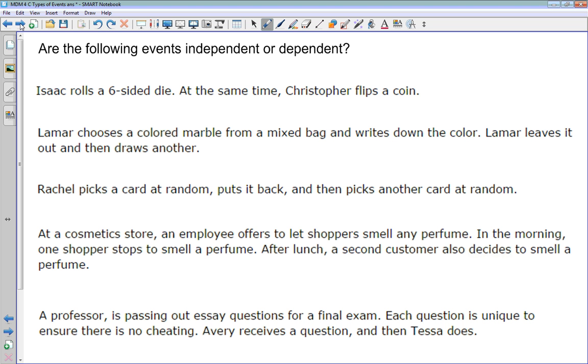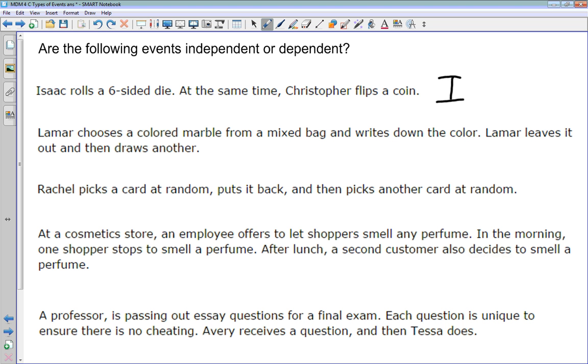So our first situation here, Isaac rolls a six-sided die. At the same time, Christopher flips a coin. Are these two events, flipping the coin, rolling the die, independent or dependent? Well, in this case, they are going to be independent. The outcome of the coin flip is not going to be influenced in any way by the outcome of what appears on the six-sided die.